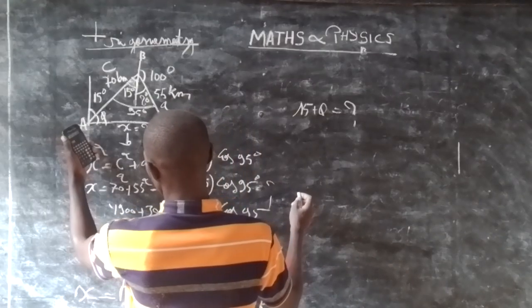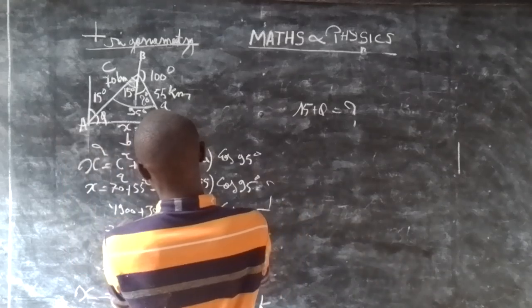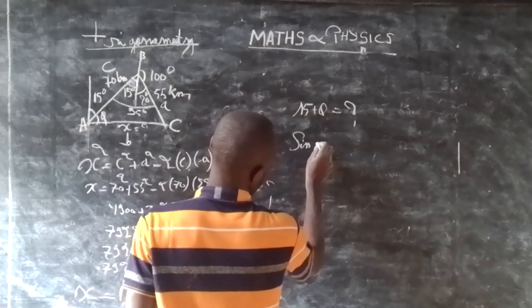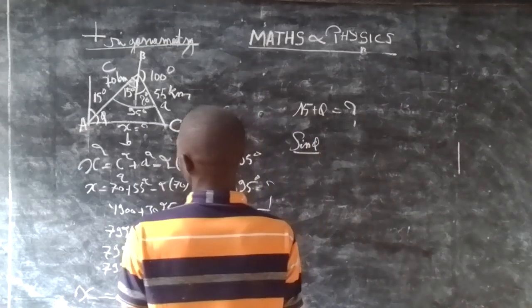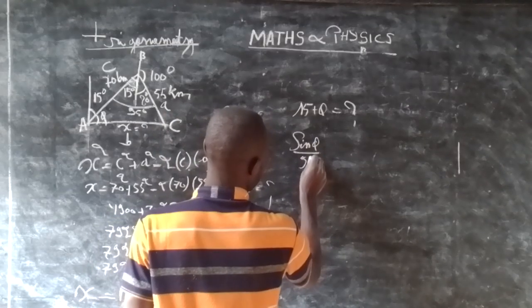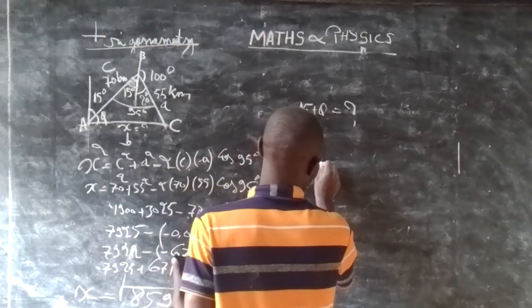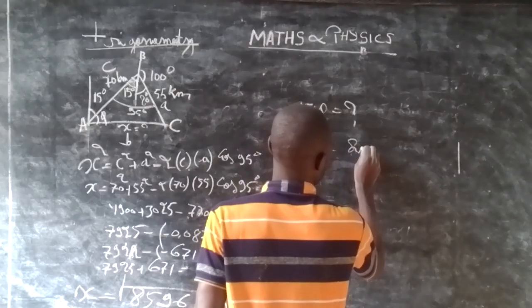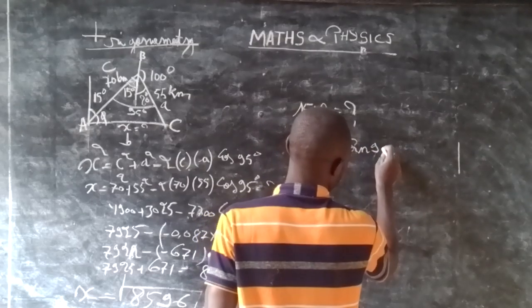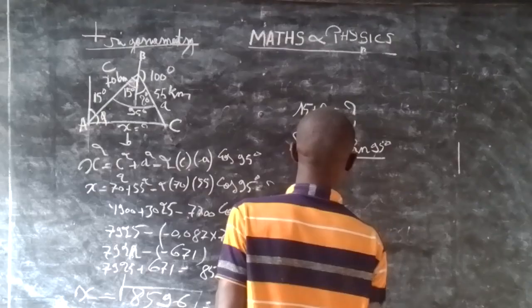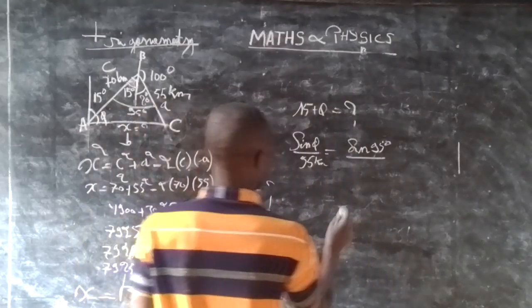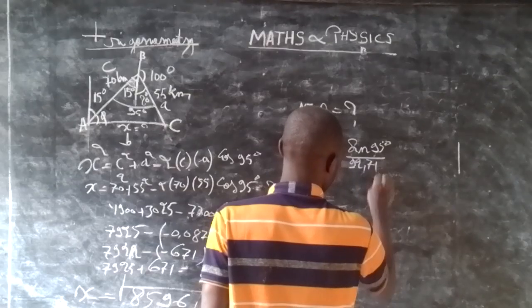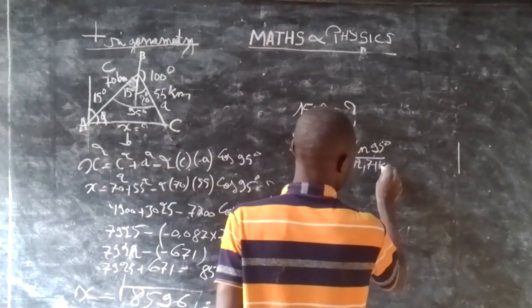We have sine phi over 55 kilometers, which is equal to sine 95 degrees over 92.71 kilometers.